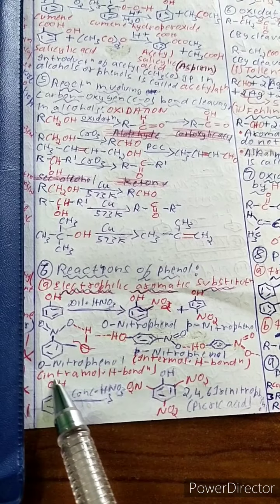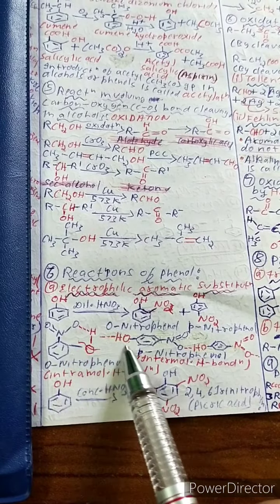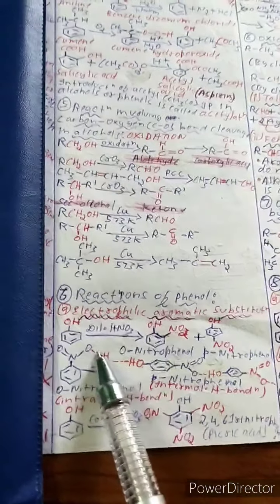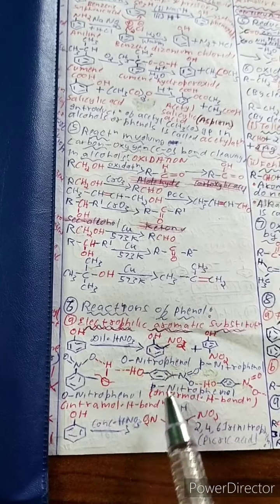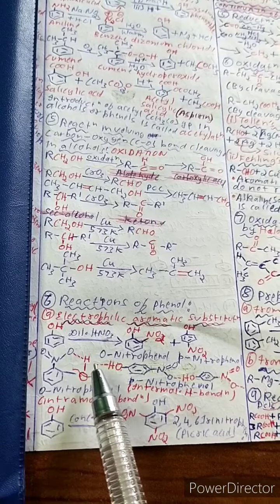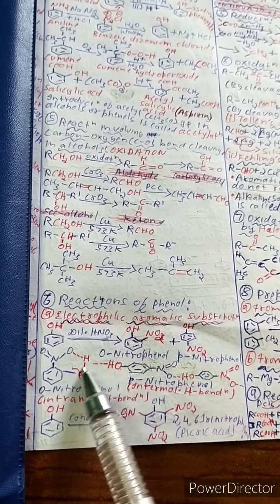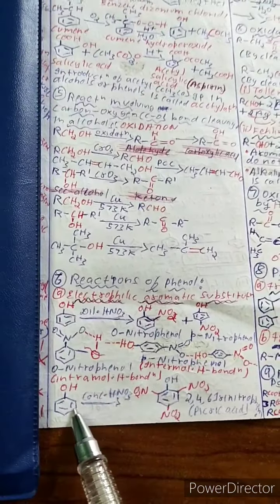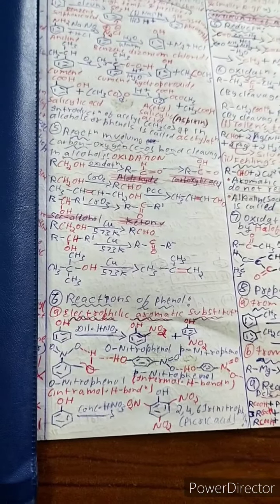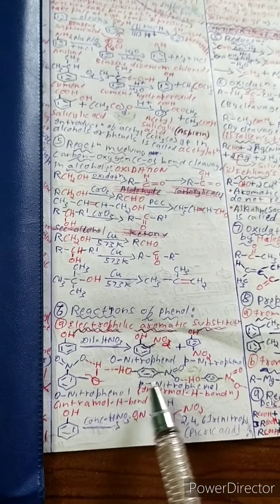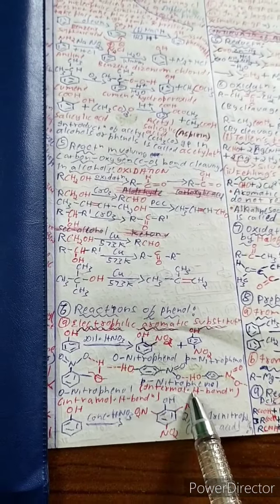And this orthonitrophenol has intramolecular hydrogen bonding, within the same molecule, and intermolecular hydrogen bonding is between two different molecules. What you need to know is the difference between inter and intramolecular hydrogen bonding.